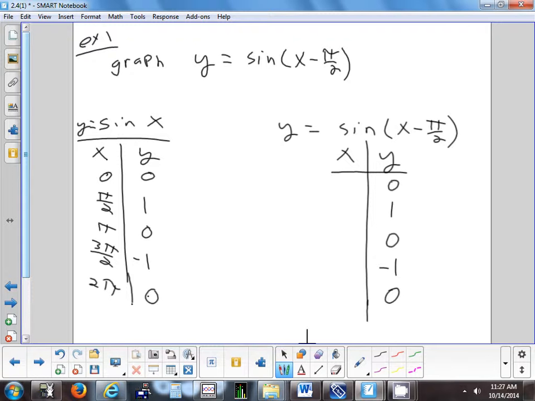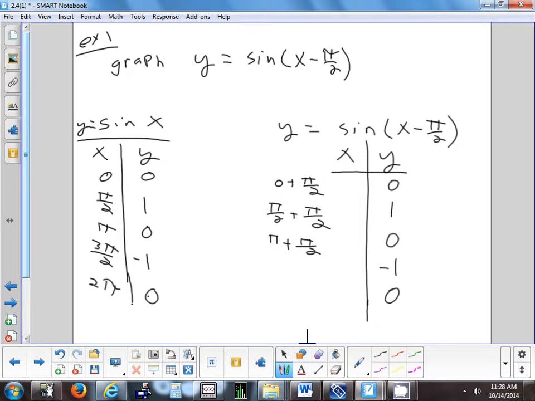Okay, so we got our y values. Now we need to find our x values. What am I going to do to each of my original x's? Yeah, I'm going to add pi over 2. So I look at what's been done, and I'm going to do the opposite of it. So I'm going to do 0 plus pi over 2. Pi over 2 plus pi over 2.